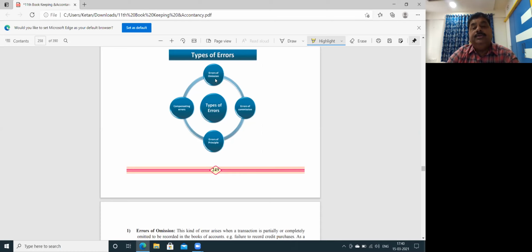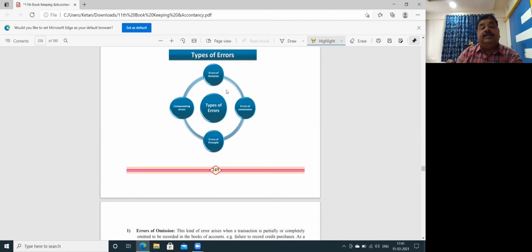If it is given to you that it is not recorded to commission account, that means it is not debited to commission account. And what is the other meaning? That means it is recorded in the cash book, but the commission has not been debited. If it is not given, then give it. That is how it is.